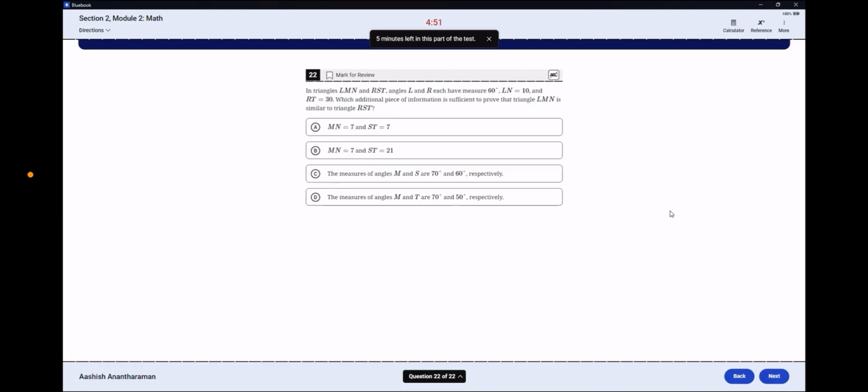And this is going to be the last question, and we have to go back to the previous question. The triangle LMN is similar to RST. So similar means L and R each have a measure of 60, LN is 10, and RT is 30.